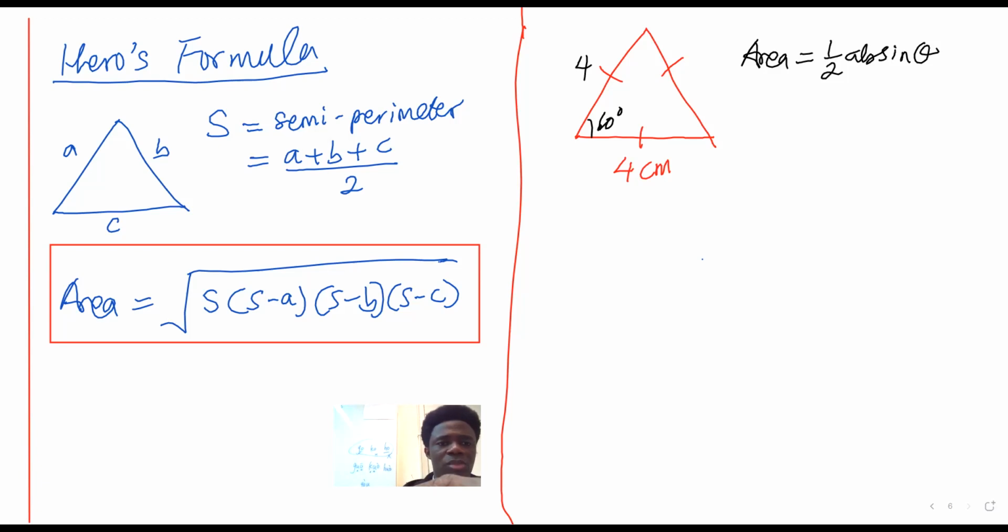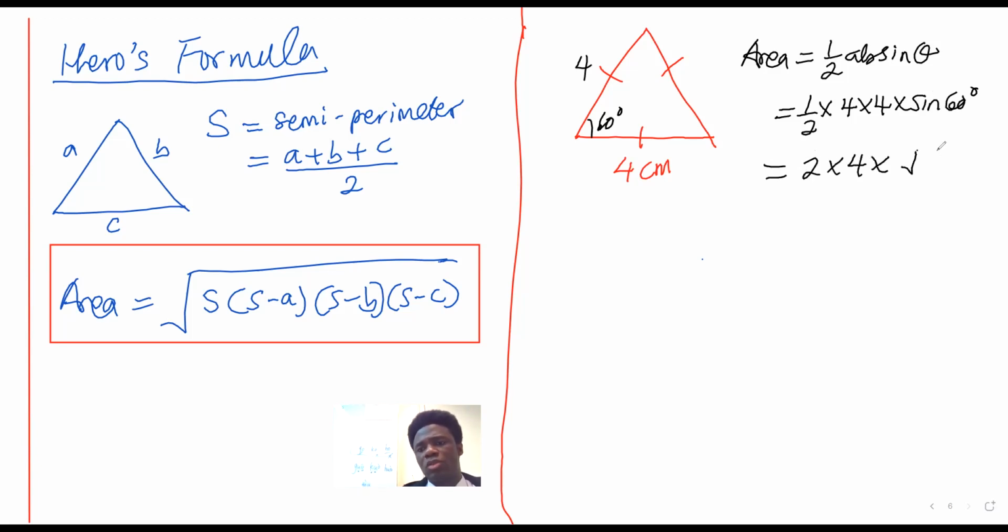If I don't see that description, it's poor mathematical communication. And you know this is IB. All those things are very important criteria. So sine 60 degrees. If you check in your calculator, well, I just use it in exact form to save time. So this is going to be half times 4 times 4 times sine 60, and sine 60 is root 3 over 2. So basically the area is 4 root 3 square centimeters. And put in the calculator whatever you get.